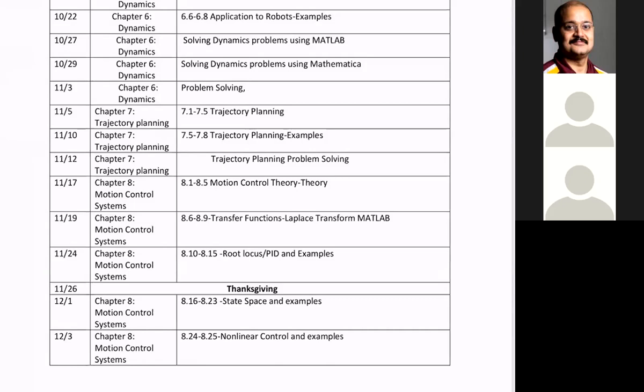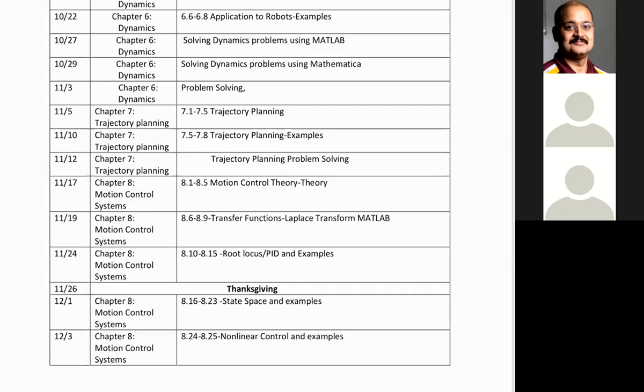So we are going to start with very simple linear system theory. If you have taken the transforms class, or you are currently taking the transforms class, the material is similar to the Laplace transform and transfer function, but I would heavily rely on MATLAB to solve Laplace transform equations.